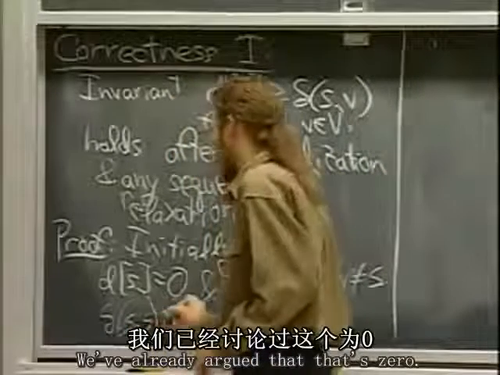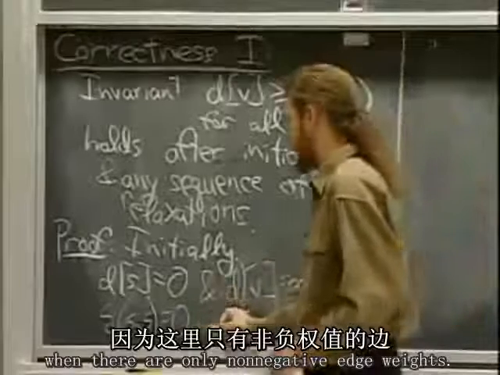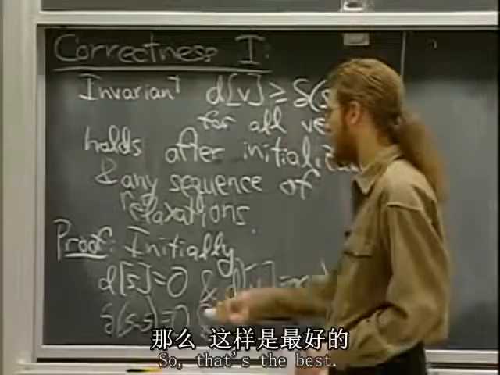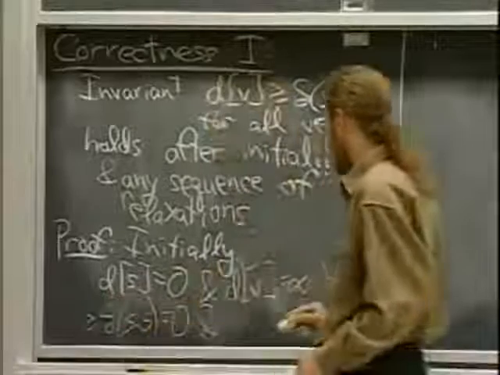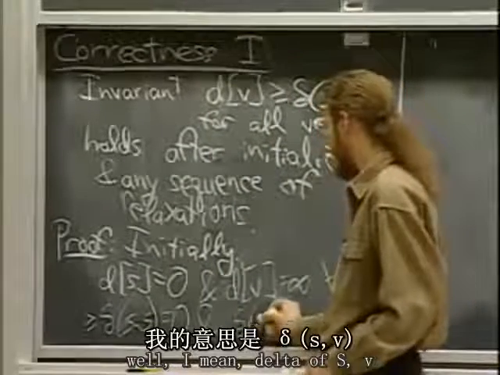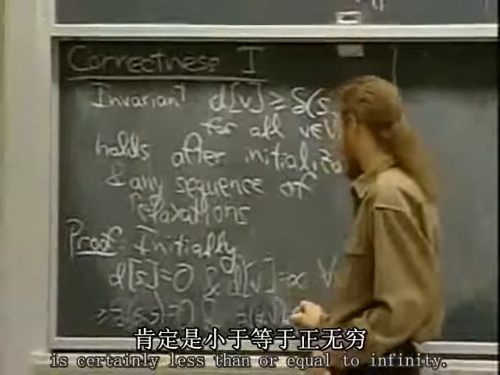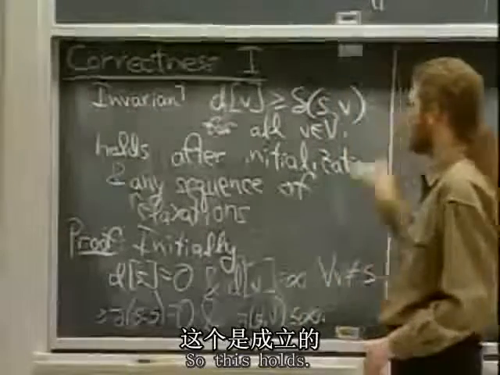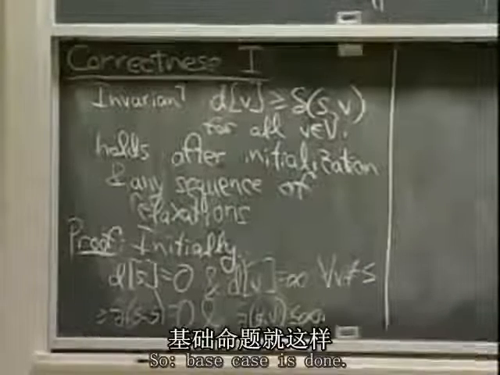We've already argued that that's 0, because you can't get negative when there are only non-negative edge weights. So that's the best. So certainly 0 is greater than or equal to 0. And we have everything else. Well, delta of s comma v is certainly less than or equal to infinity. So this holds. Everything is less than or equal to infinity. So base case is done.